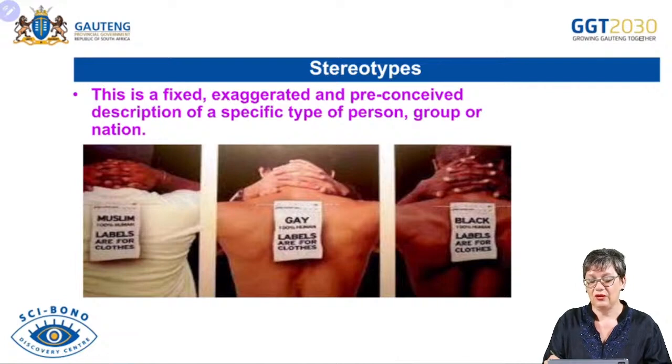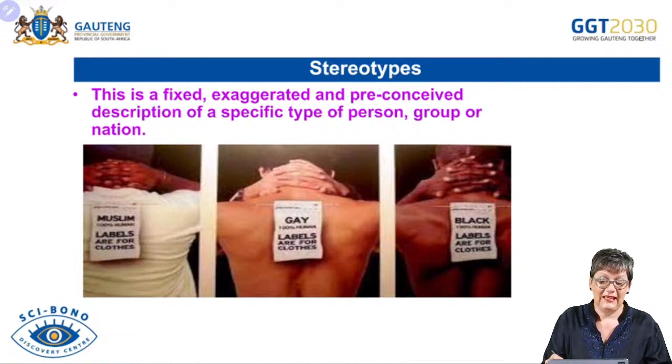Now, you have to know that we stereotype quite a lot in cartoons. Stereotyping is when we have a fixed idea about a person or a group or even a nation. We feel that that's the way they are.